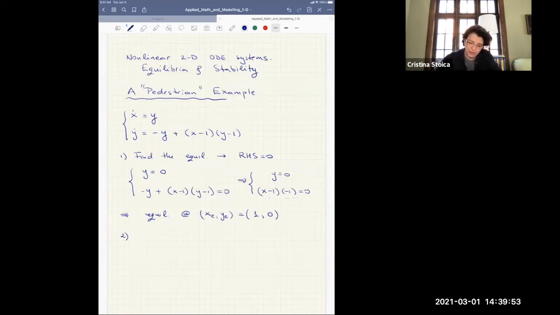Two, we have to find the linearization. In order to study the stability, we find the linearization of this particular system at x_e, y_e.